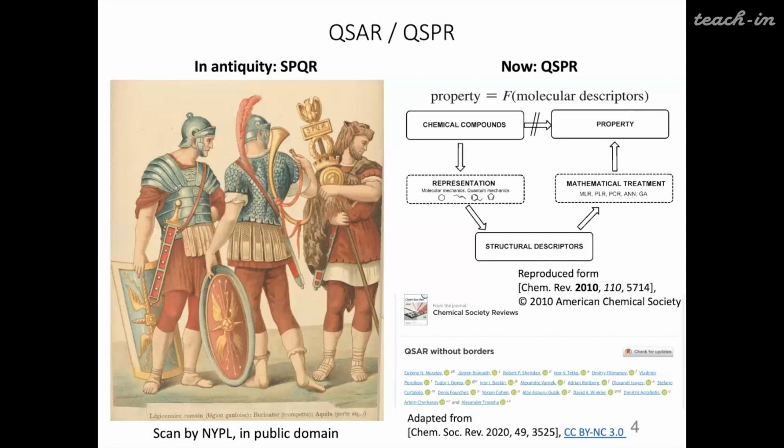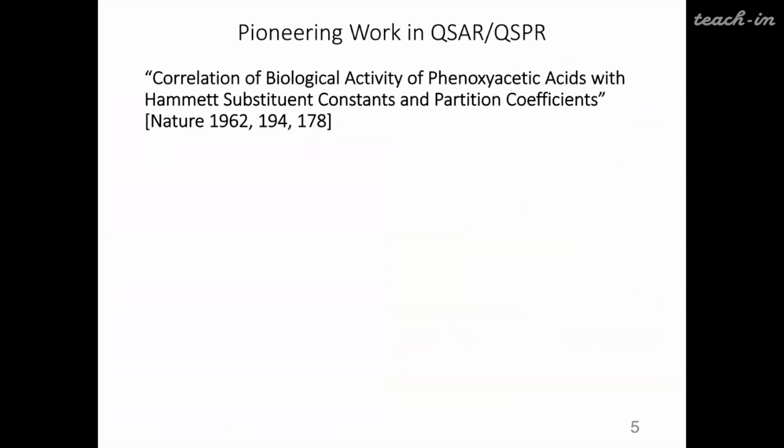So here we are in the paradigm of supervised machine learning, and this is a classical field.